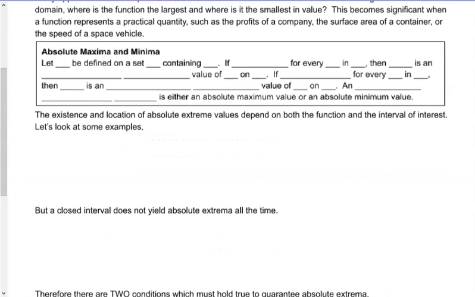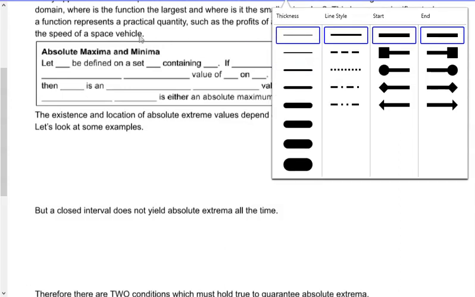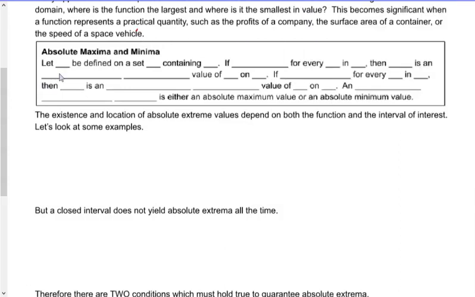That's going to be looking at the function. So we're going to say, let f be defined on a set D containing c. So D representing the domain, c representing some number.